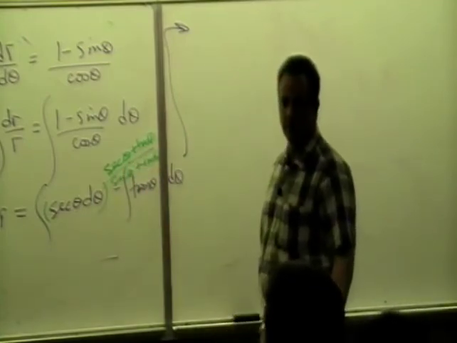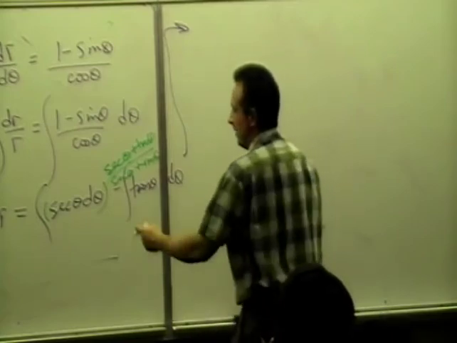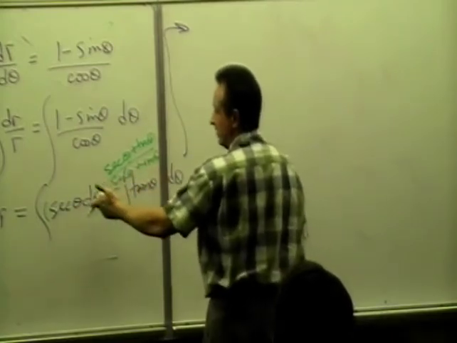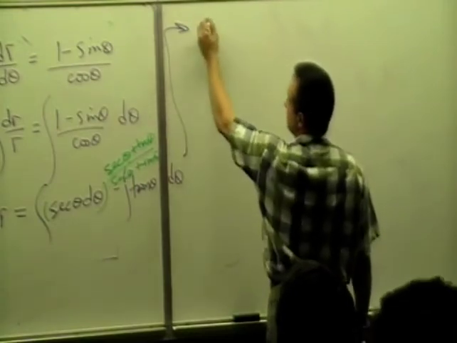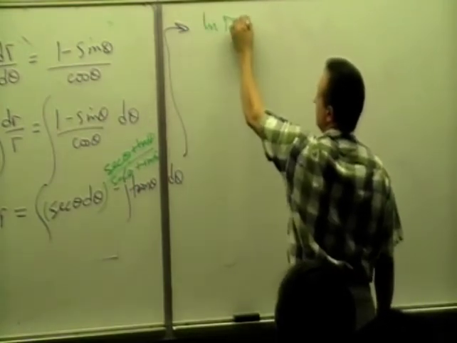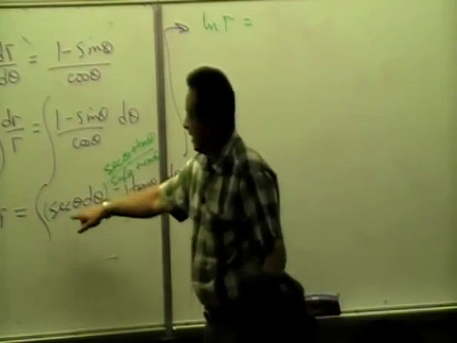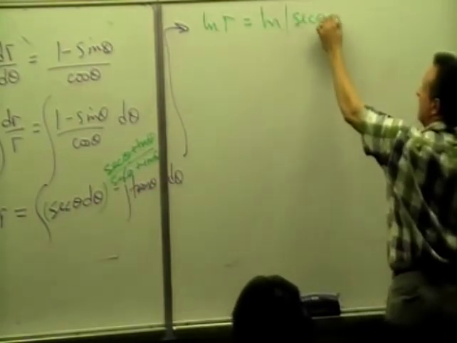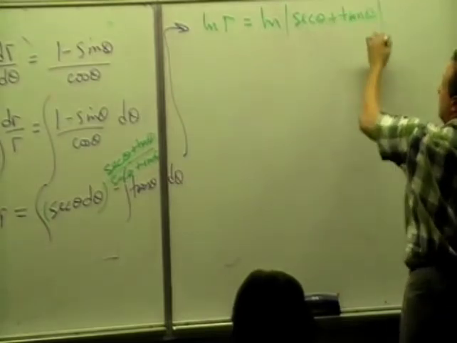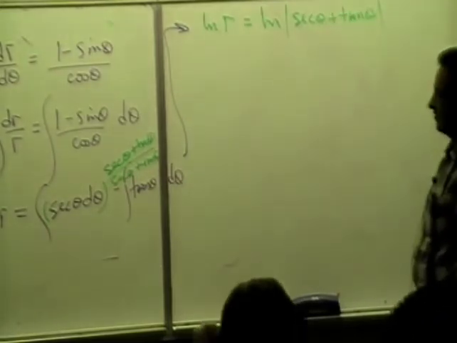Do you recall that from Calc 2? And if you let u equal the denominator, du will equal the numerator. So this just becomes, and I'm just going to skip ahead and get to the chase, the ln of the secant of theta plus the tangent of theta. That's the integral of that.